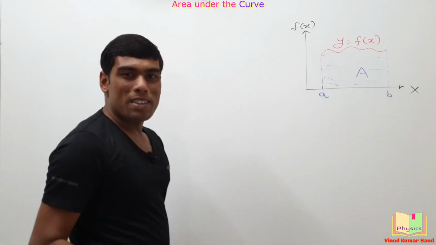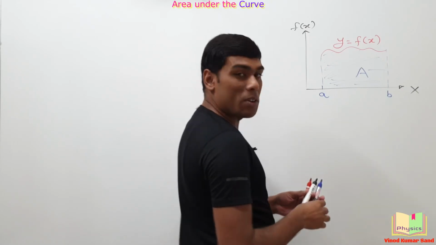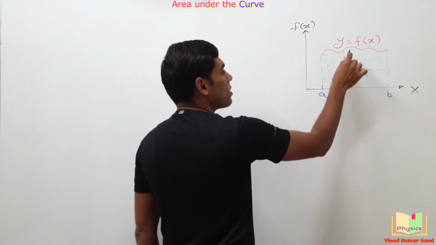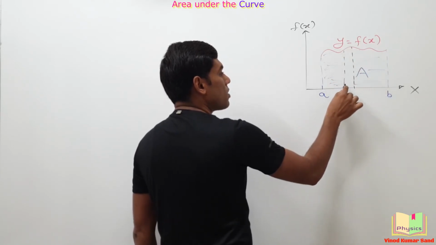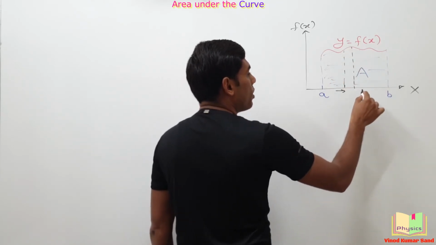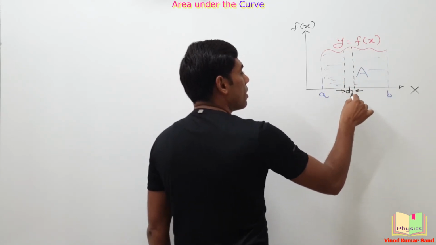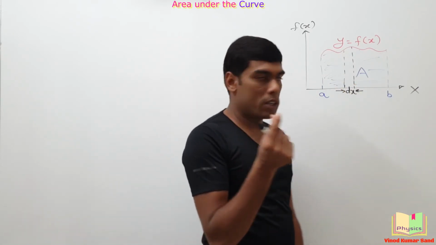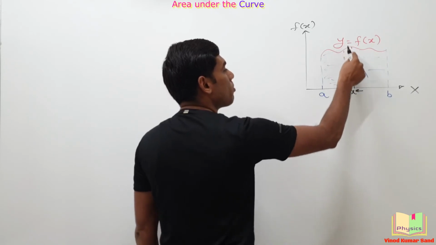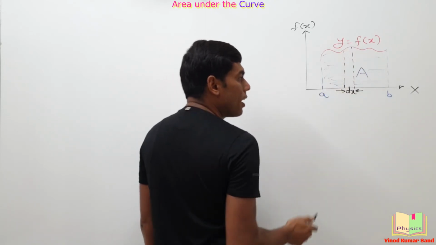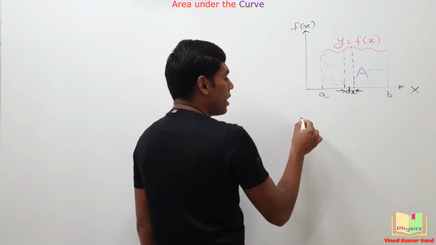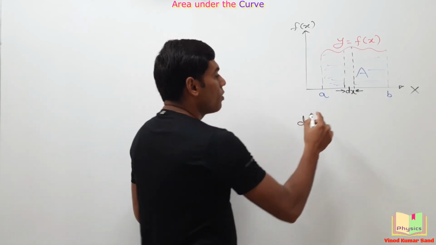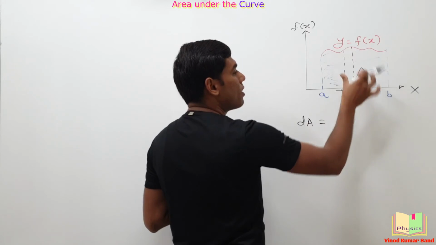You might remember the starting of this video. We have done that. In order to obtain the area, you consider here a strip of width dx. This dx is actually a very small width, and then this shape will look as a rectangle. The elemental area of this rectangle is given as dA, which will be equal to the length into breadth.